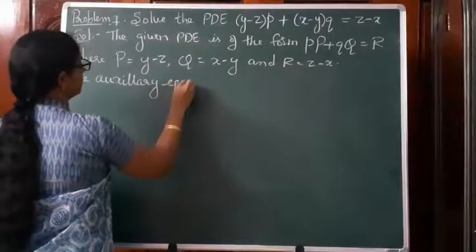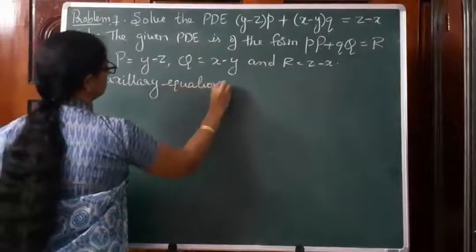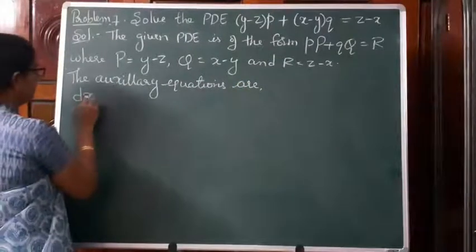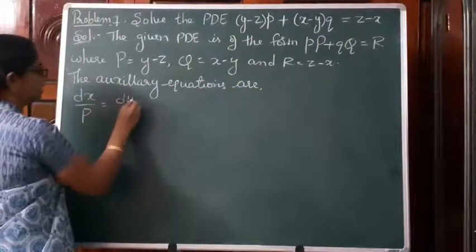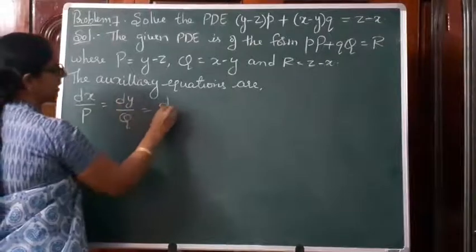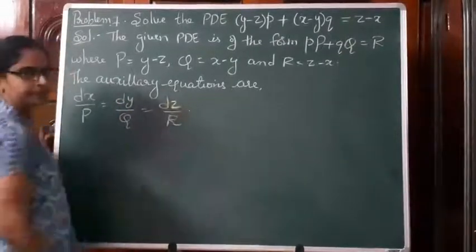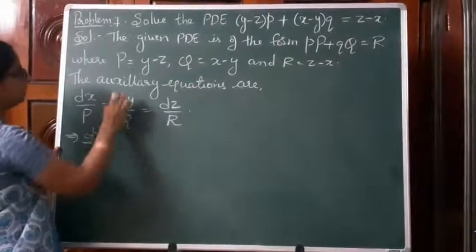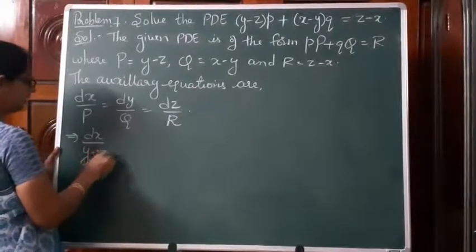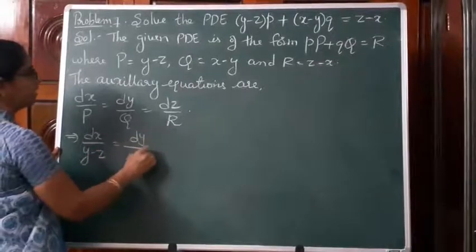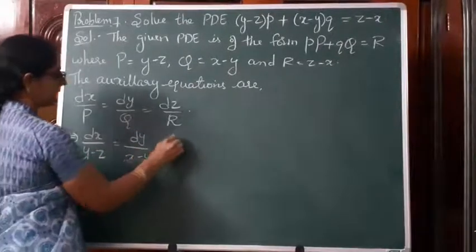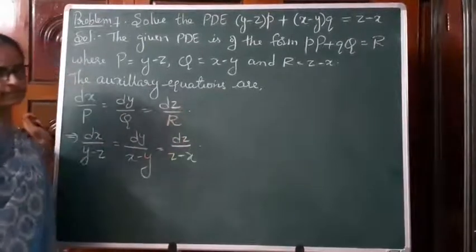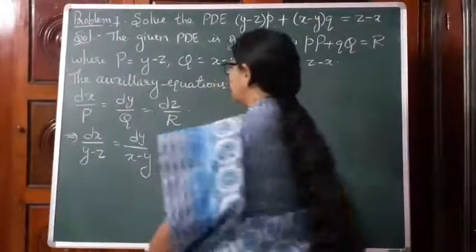The auxiliary equations are dx by P is equal to dy by Q is equal to dz by R. Now let us substitute P, Q and R: dx by (y minus z) is equal to dy by (x minus y) is equal to dz by (z minus x). So these are the auxiliary equations.